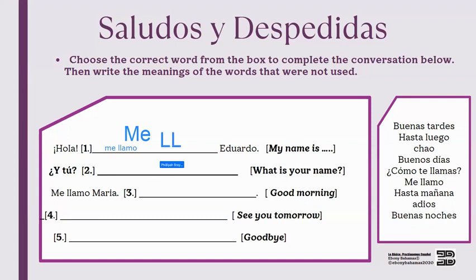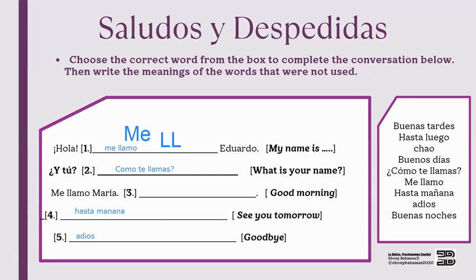What I have in brackets is what I want you to write in Spanish. Okay, so there you're using hasta mañana, see you tomorrow, adios, goodbye. What is your name? ¿Cómo te llamas? Right? Good.